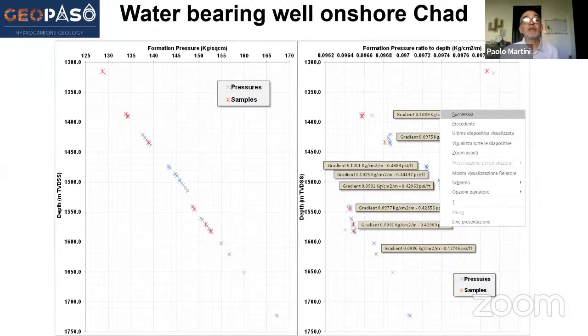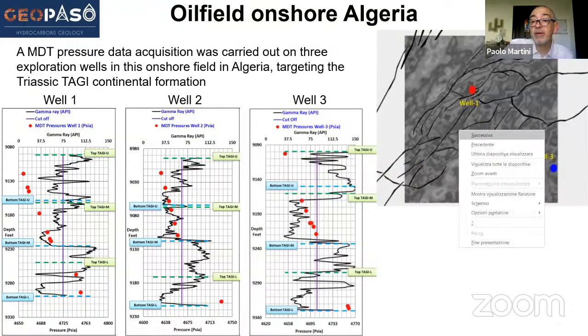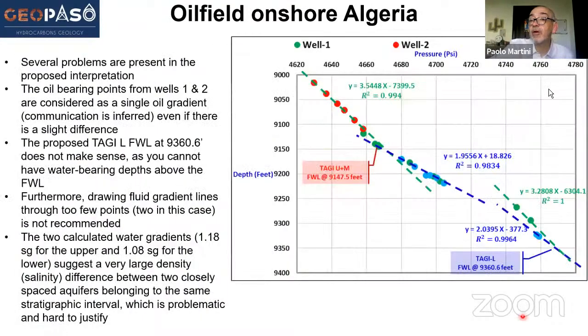This is an example in Algeria, a field in the Triassic Taghi. 3 wells in a structurally complex field, and there was this pressure data acquisition. The operator did this interpretation, and I think there are several problems with this interpretation.